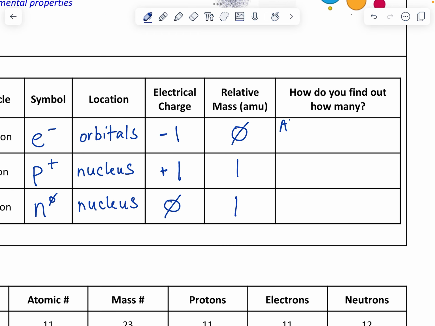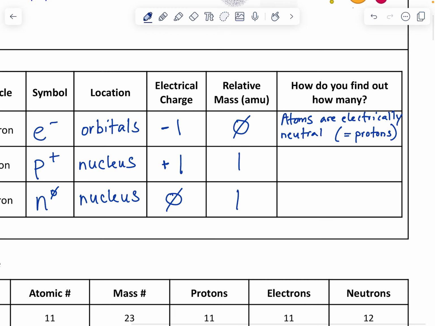We said that atoms are electrically neutral, which means that when we're talking about neutral atoms, the number of electrons are equal to the number of protons that are present, because they have to balance each other out effectively.